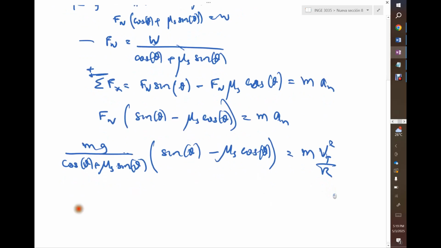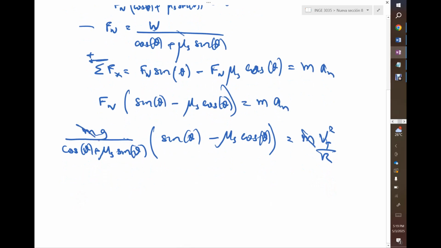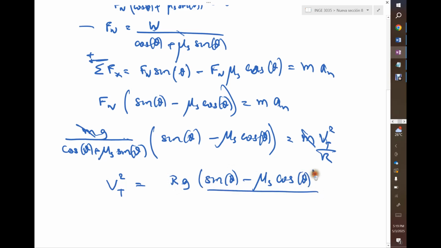There we go. The m cancels, and we end up with vt squared equal, multiplying by r on both sides, rg times sine of theta minus mu s cosine of theta, divided by cosine of theta plus mu s sine of theta, and finally the square root of all this.